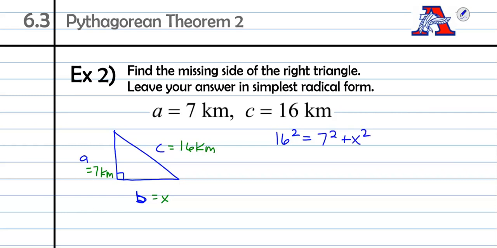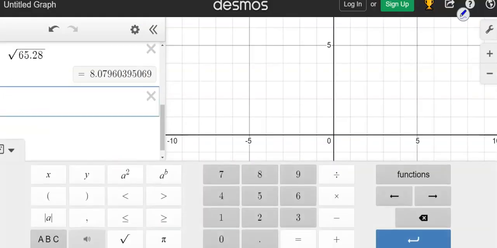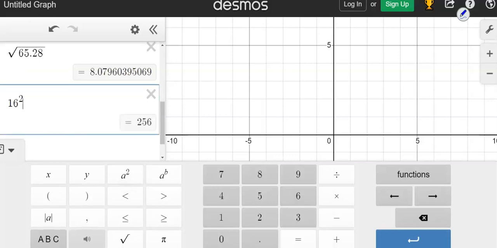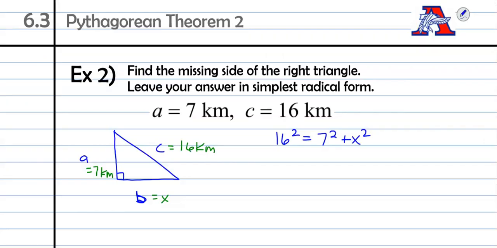I'm just using that same formula. Then we need to do those: 16 squared and 7 squared. You might not know 16 squared off the top of your head, so feel free to use a calculator: 256. 7 squared we should know: 7 times 7 is 49, plus x squared.